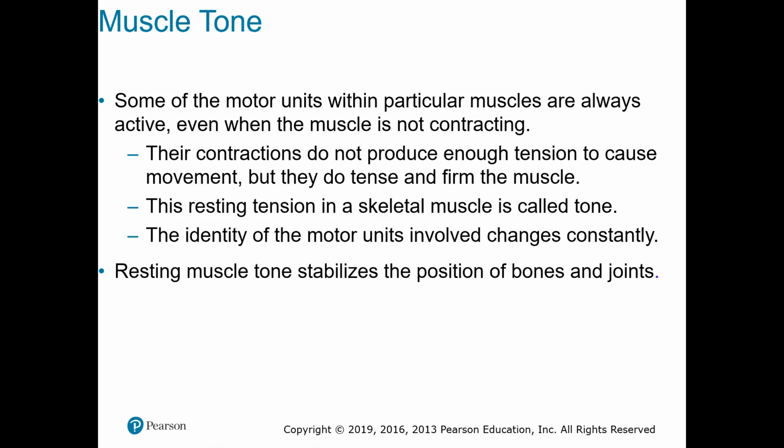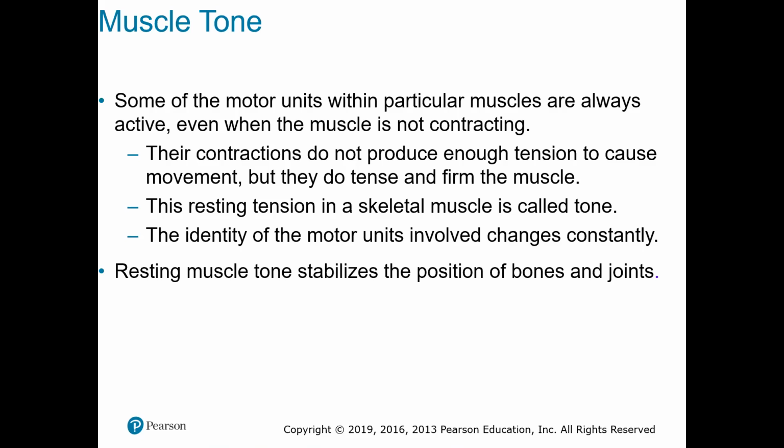So each of the cells in the motor unit contract, and then they rest. And then the cells in a second motor unit contract. And then maybe a third motor unit on the other side of the muscle contracts. And then the fourth motor unit, and so on until all the motor units have fired at least once. And then we start over again.